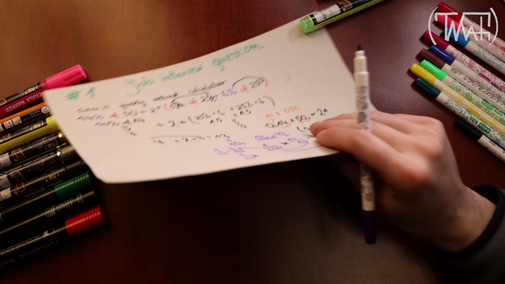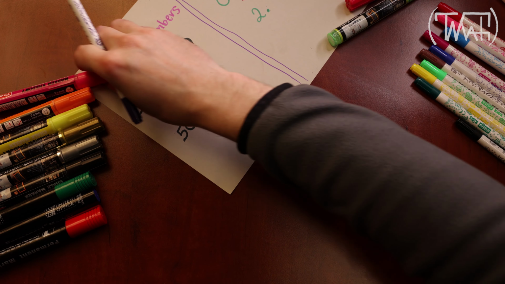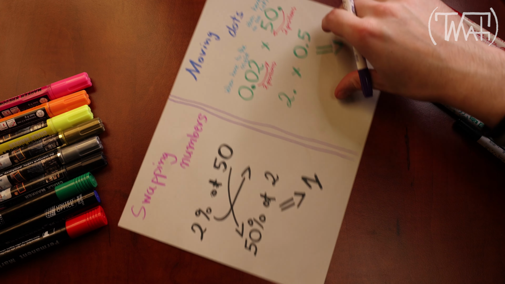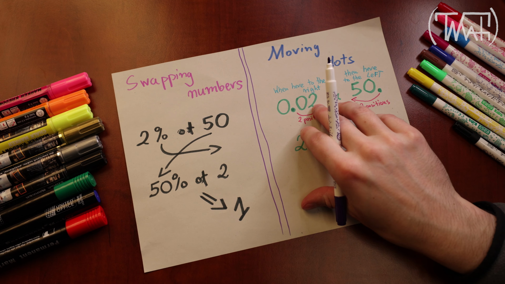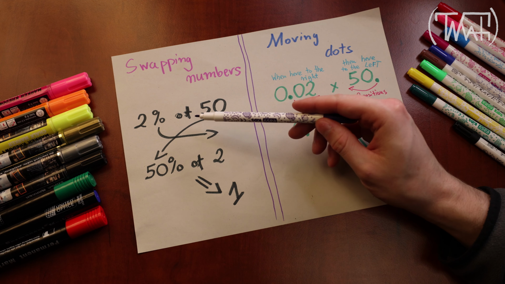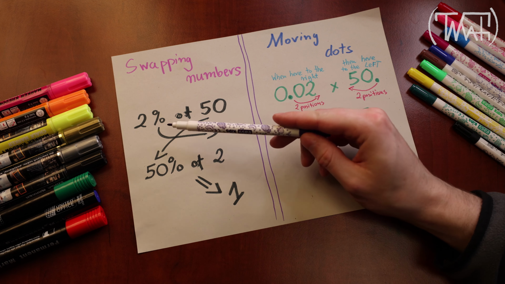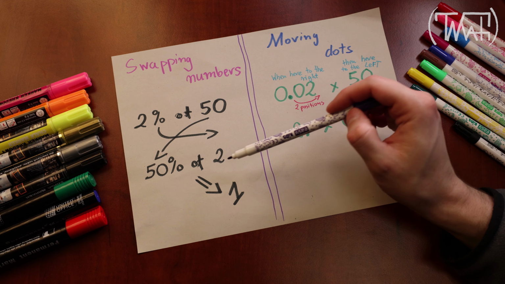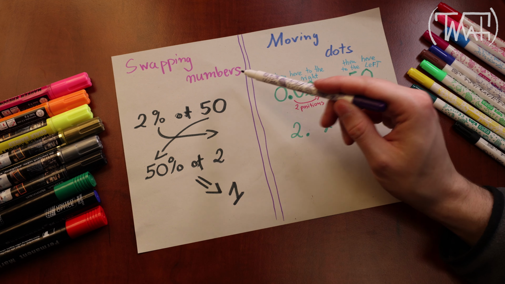So to summarize, you can have this swapping numbers strategy, which will let you change the order of a calculation, and instead of 2% of 50, you can have 50% of 2. It is the first strategy, swapping the numbers.